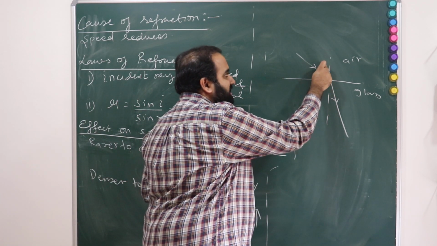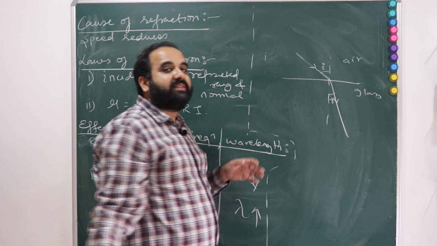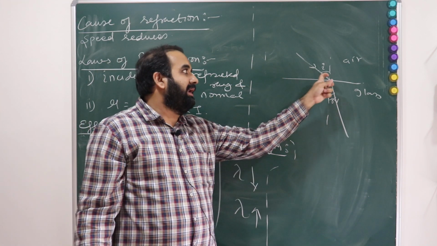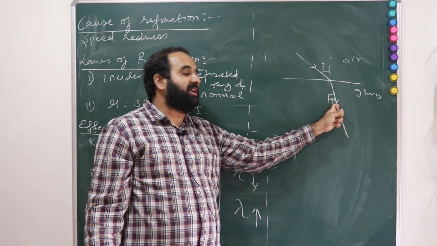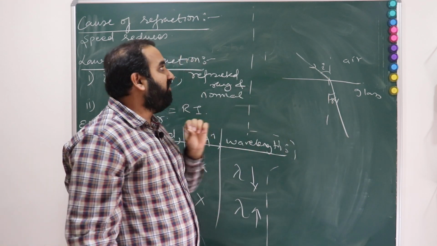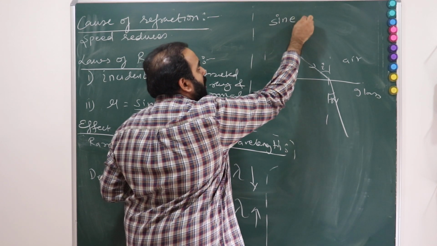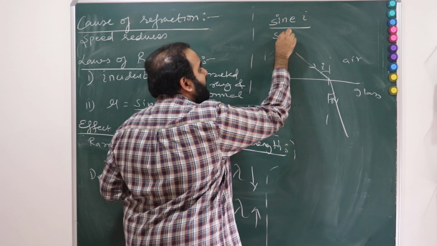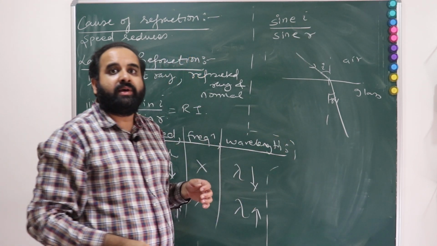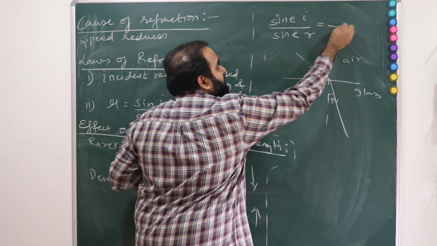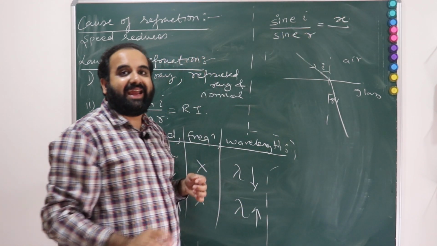So I have a certain angle of incidence and a certain angle of refraction. For this particular pair, if I take the ratio of the sine of the angle of incidence to the sine of the angle of refraction, I will get a certain value. Let's call this value x.